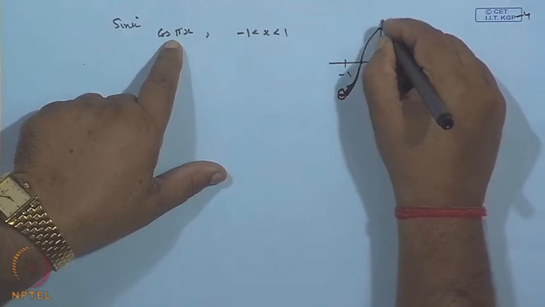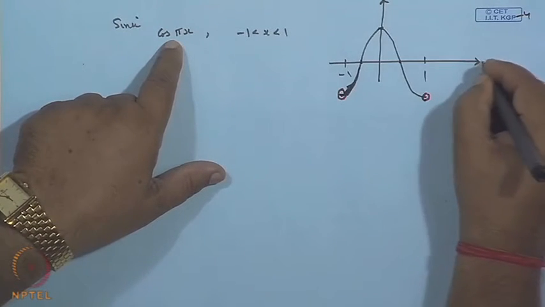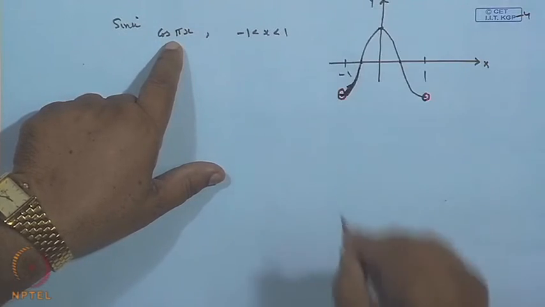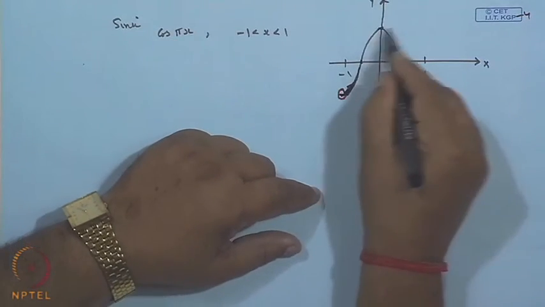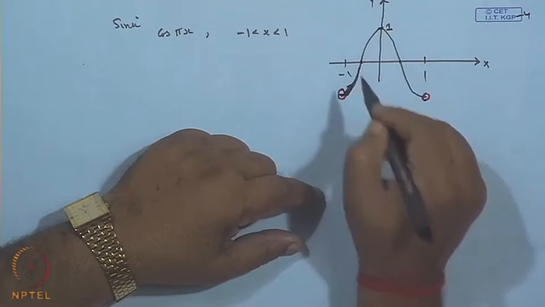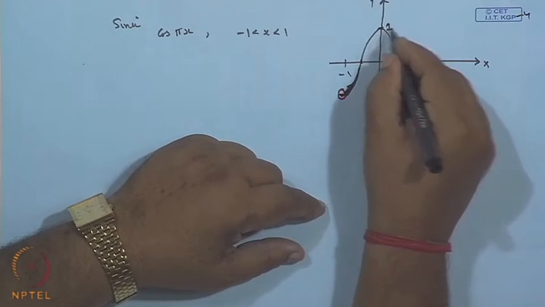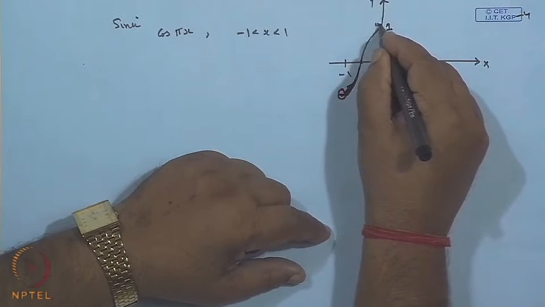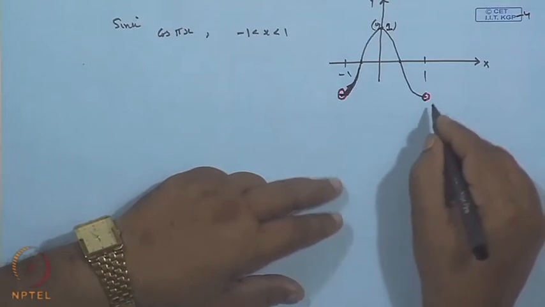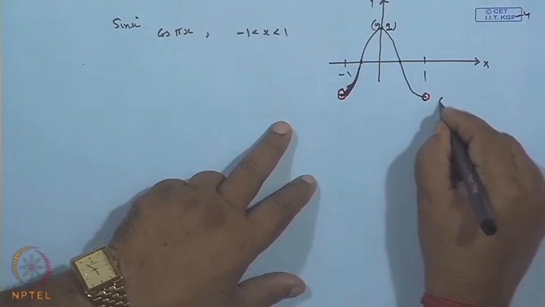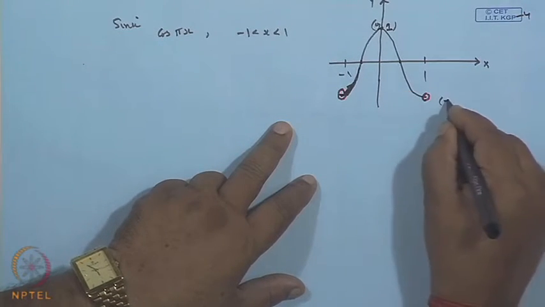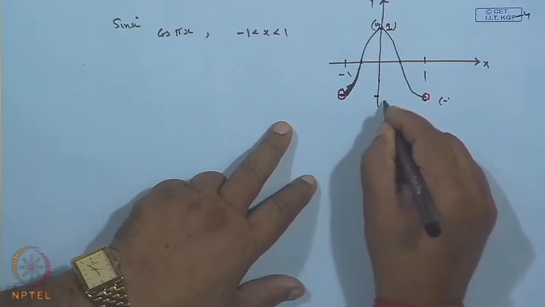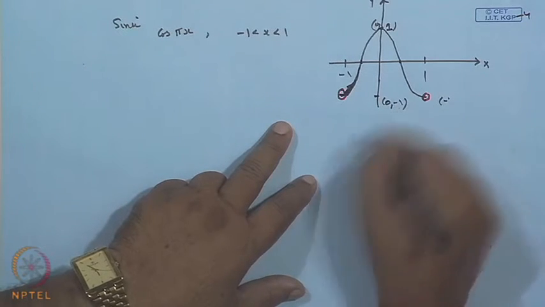So, this is the graph of this function, with x and y axes. The value here is 1, the point (0, 1), and here this point is -1, and here this point is (0, -1).